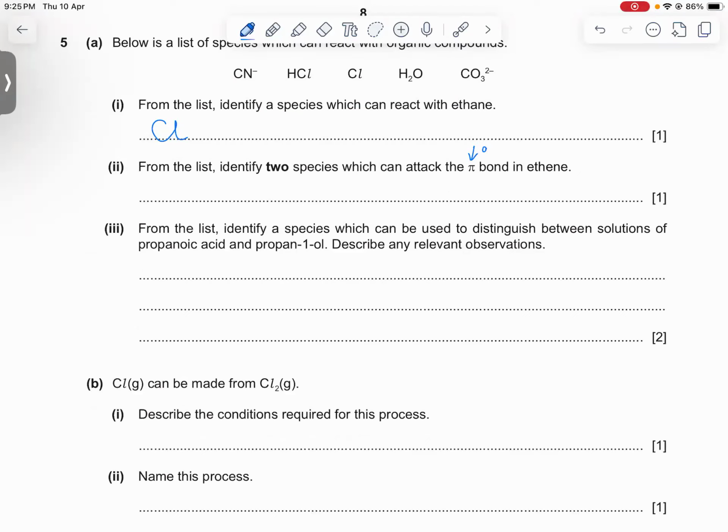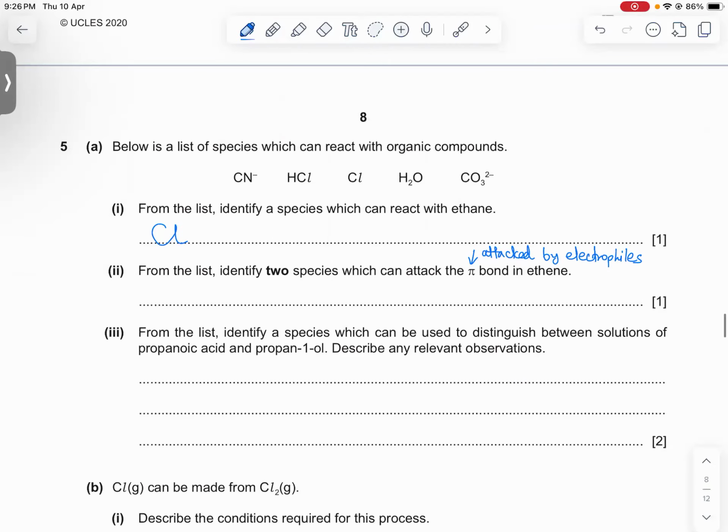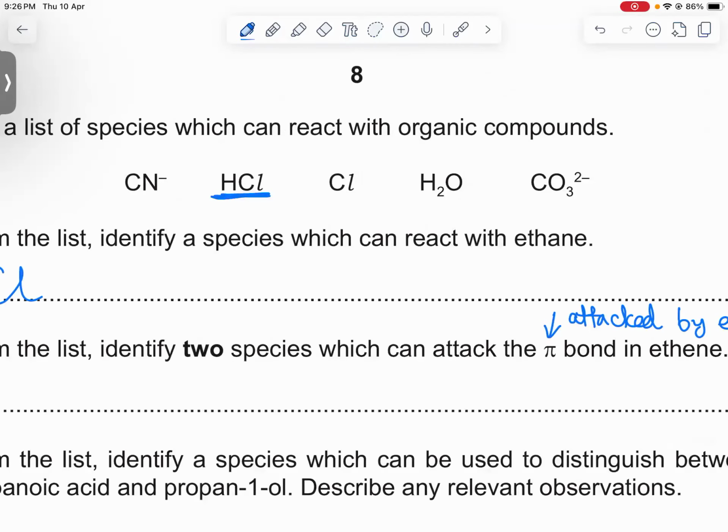Right? So the pi bond, meaning the double bond, if you remember, was attacked by electrophiles, and electrophiles have a partial positive nature themselves. If you remember, alkenes used to react with hydrogen chloride because H has a partial positive nature, and the H of water also has a partial positive nature.